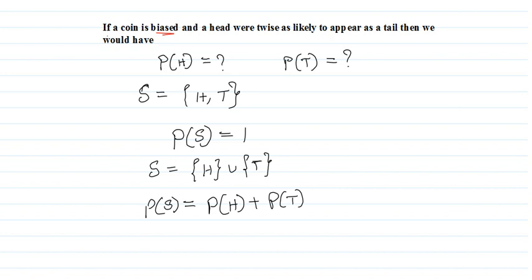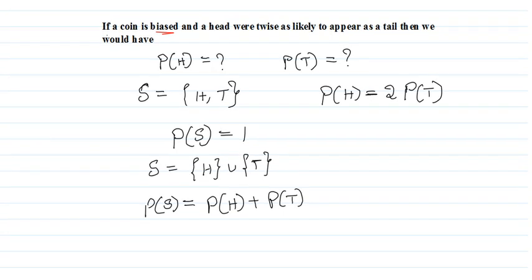So we know this must be 1, and here in place of P of H I'll have 2 times P of T. So that is 2 times P of T plus P of T. From this, I can see that 3 times P of T must be equal to 1.